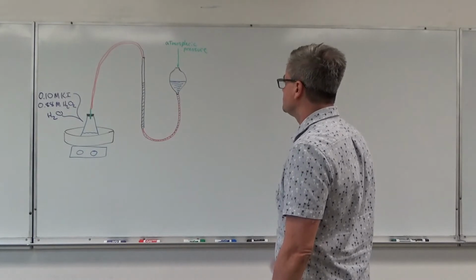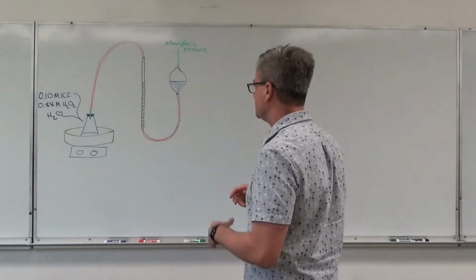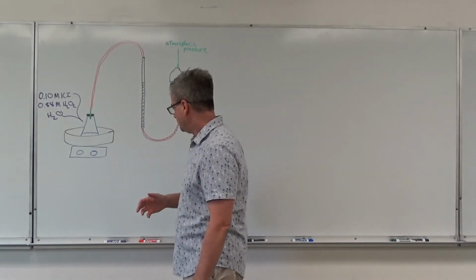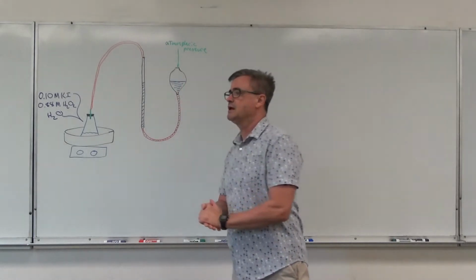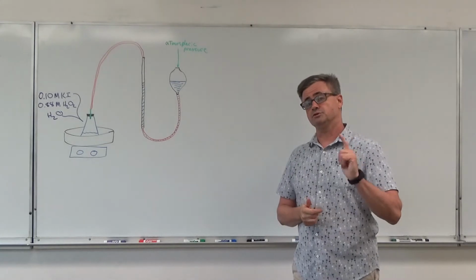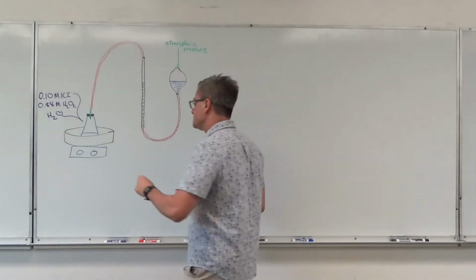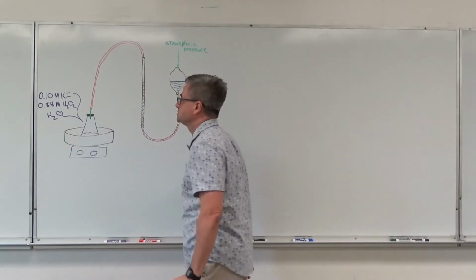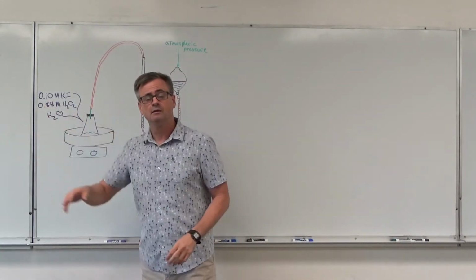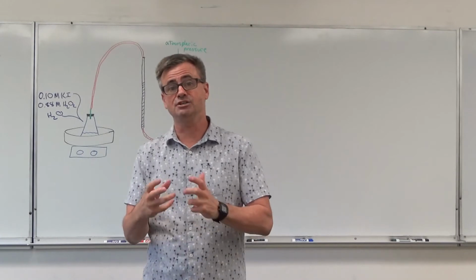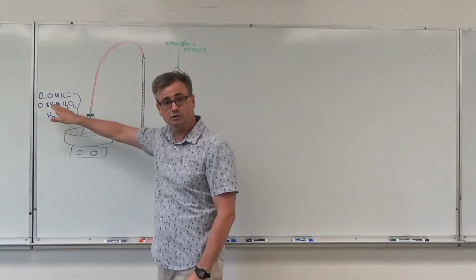So how are we going to figure out how much in a specific time interval? Well, let me backtrack. It's going to be important that we first know the starting concentration of hydrogen peroxide. It's not going to be 0.88, even before the reaction occurs, because it's getting diluted a little bit.